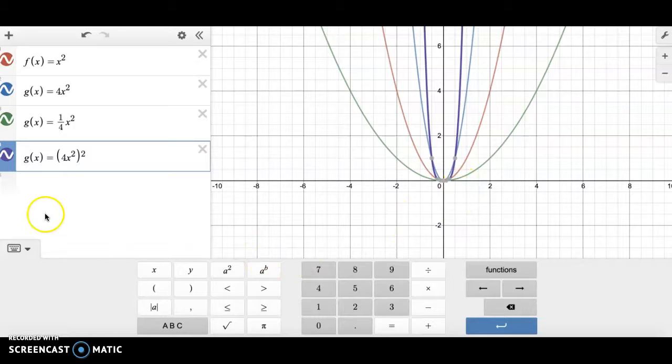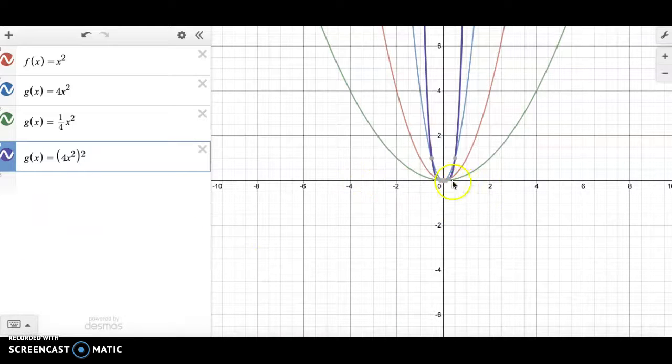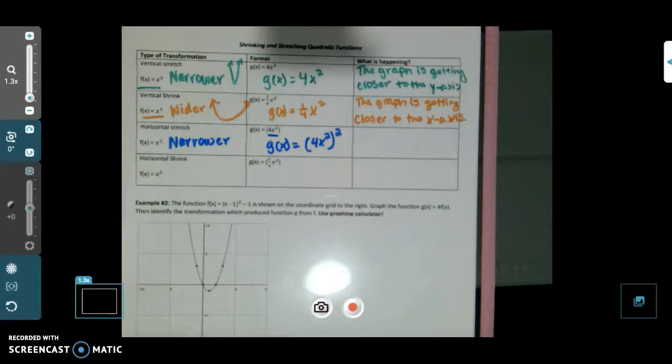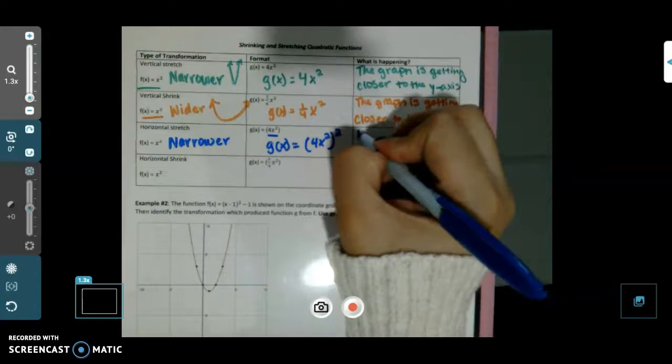So look at the purple graph. I want you to stop and notice here. Yes, it's getting more narrow because we know from the blue one that was narrow, but now it's getting even narrower. So meaning it's getting closer to the y-axis. Do you see that? So we're going to go ahead and write that in our notes. So it's just getting closer to the y-axis still. So just write that.